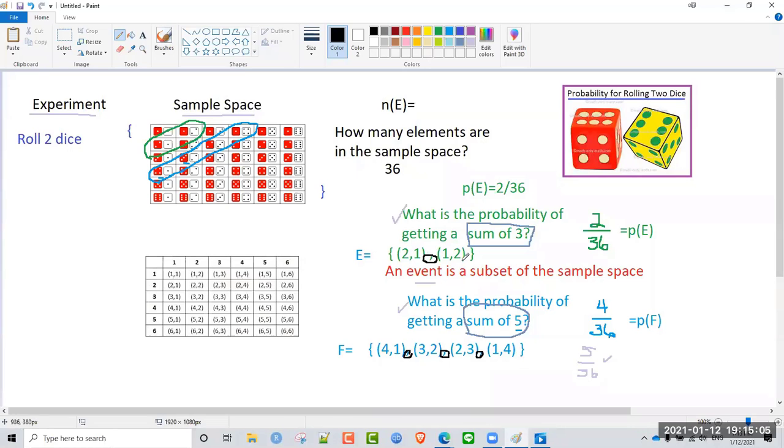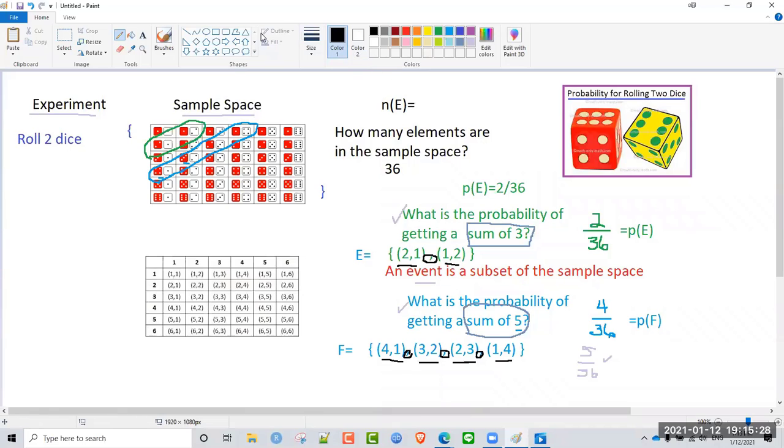And how many elements are in E? 2. Right? So this is one element, and this is a second element. This is one element, a second, a third, and a fourth element.